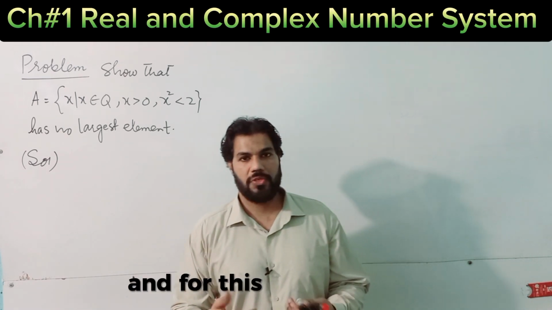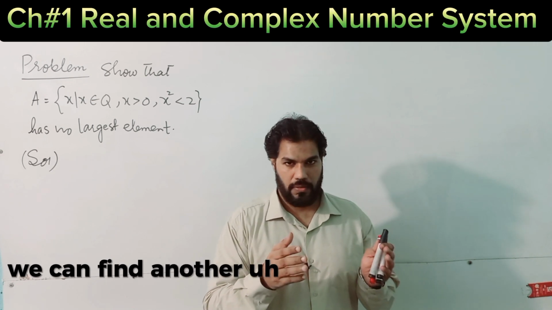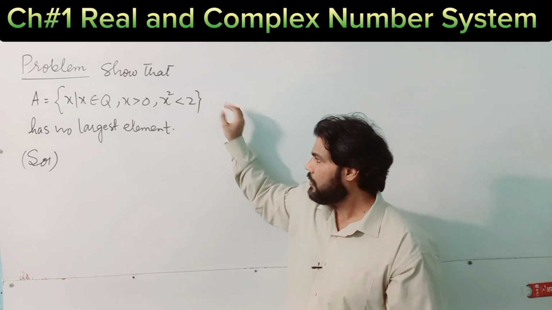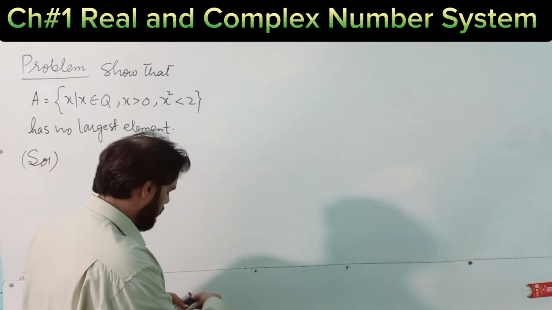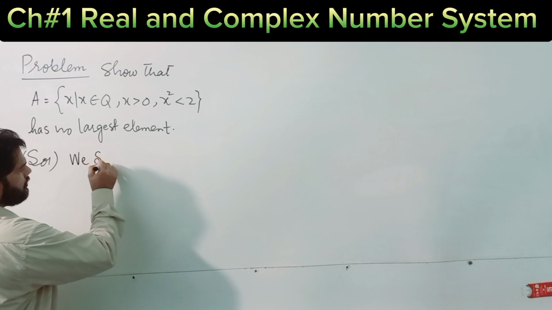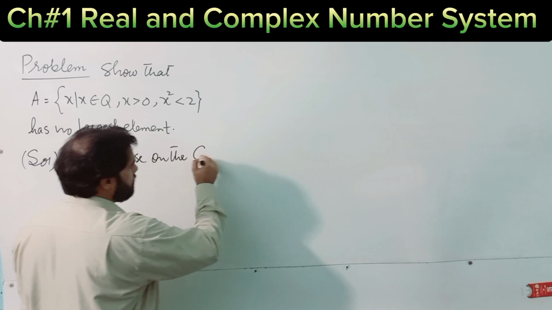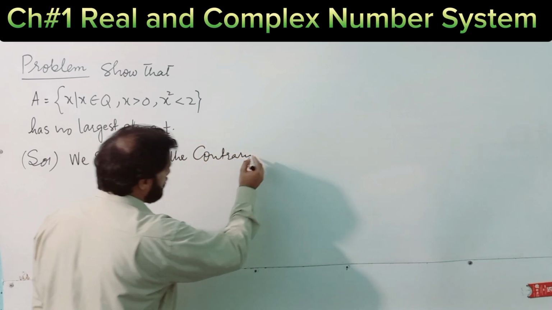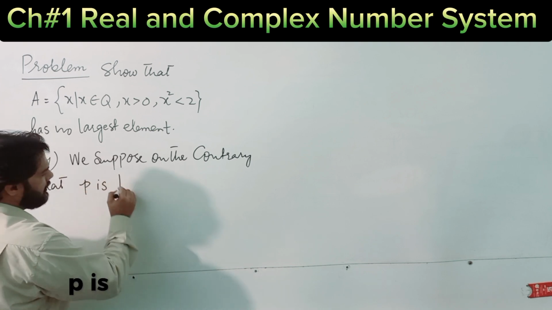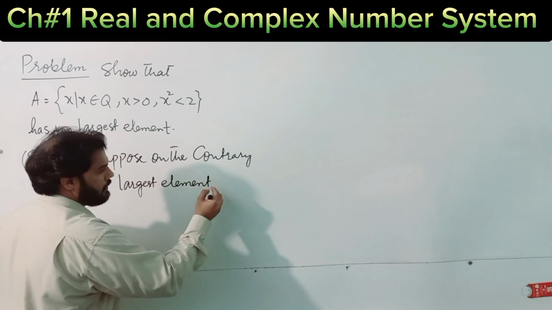And for this P, we can find another element Q of this set that is larger than P. So we assume, on the contrary, that P is the largest element of A.